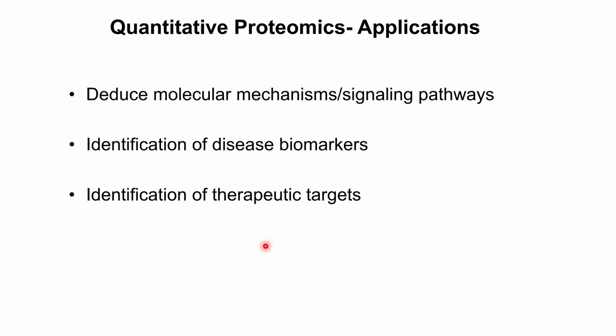The second point is clear, correct? By doing quantitative proteomics, you can find a biomarker, let's say a prognostic marker or diagnostic marker of a disease. Alzheimer's, for example: early onset versus late onset, who is going to be symptomatic, who is not going to be symptomatic, all this you can do.